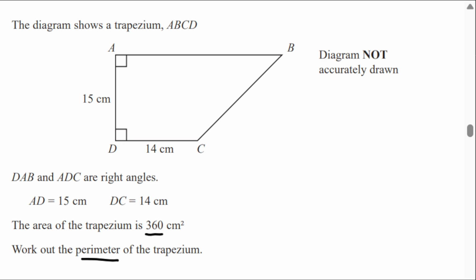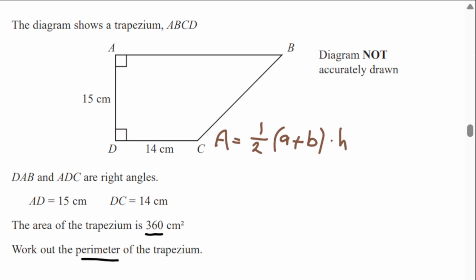So how can we do this? We will start by the given information, by the area. So the area of the trapezium is half times A plus B times the height, right?